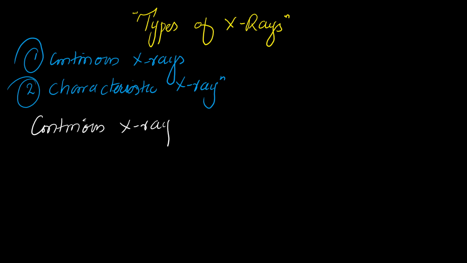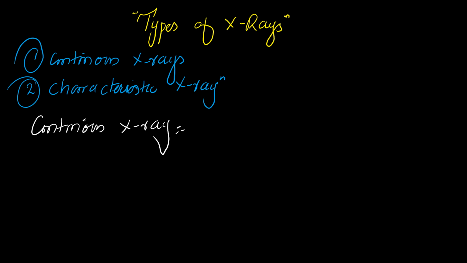Continuous X-rays are X-rays which are produced whenever a highly energetic electron is incident on an atom, and near the nucleus of the atom it gets deflected.